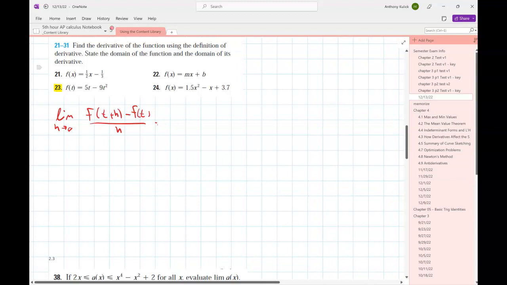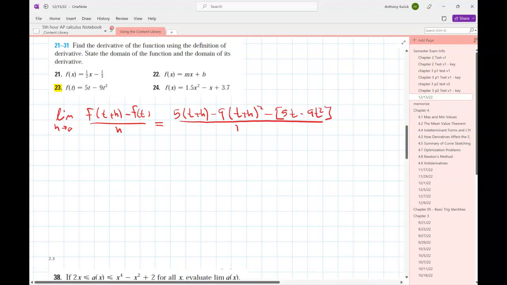So I'm going to just plug in. So t plus h goes in for my t's, just like a function composition would. And then I got to make sure that since what I'm subtracting is a polynomial, I'm going to put that parenthesis there so I make sure that I distribute that.